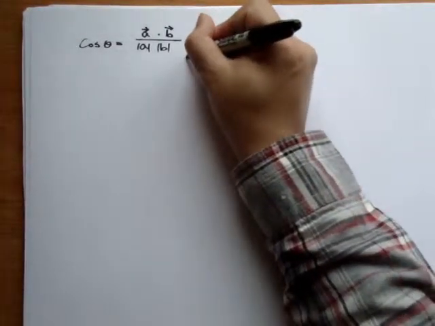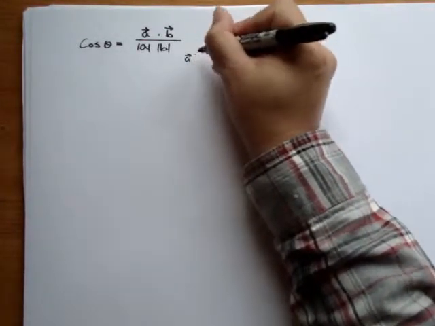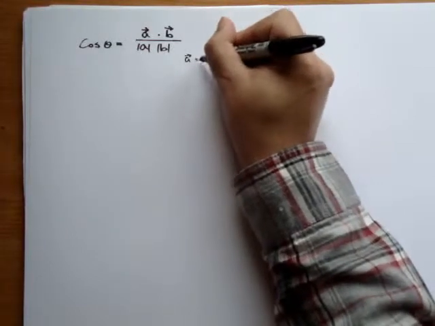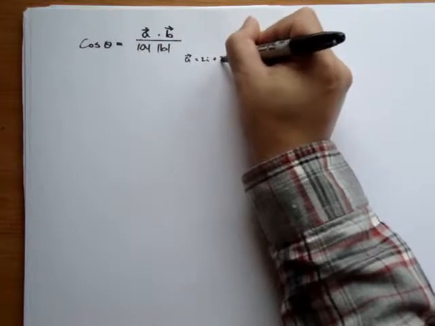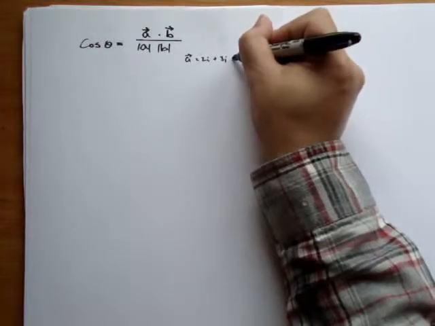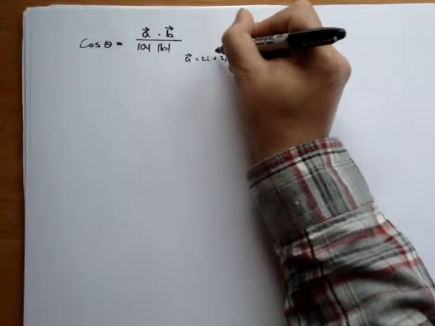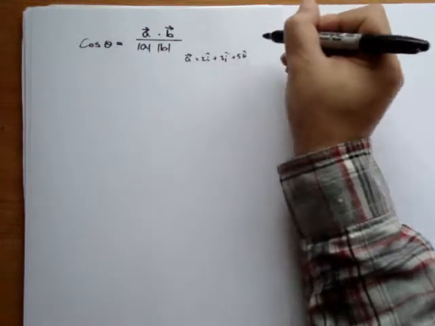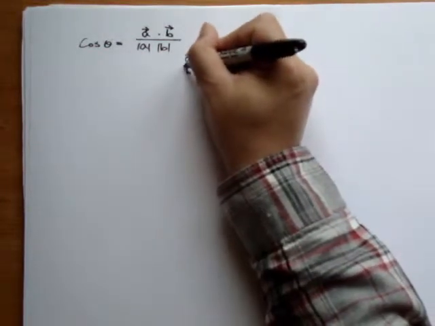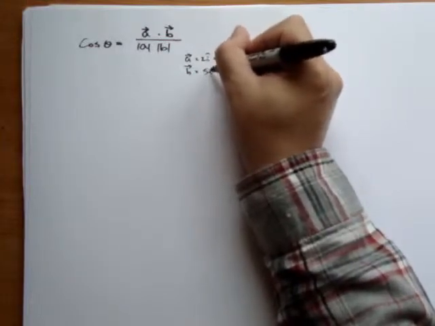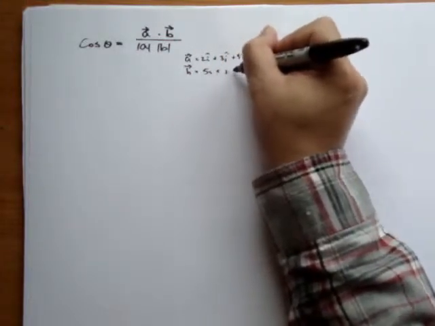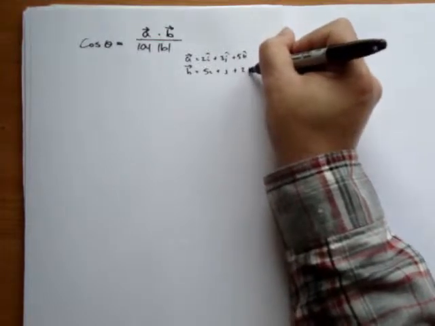If we have the direction vector of A equals 2i plus 3j plus 5k, and the direction vector of B equals 5i plus j plus 2k.